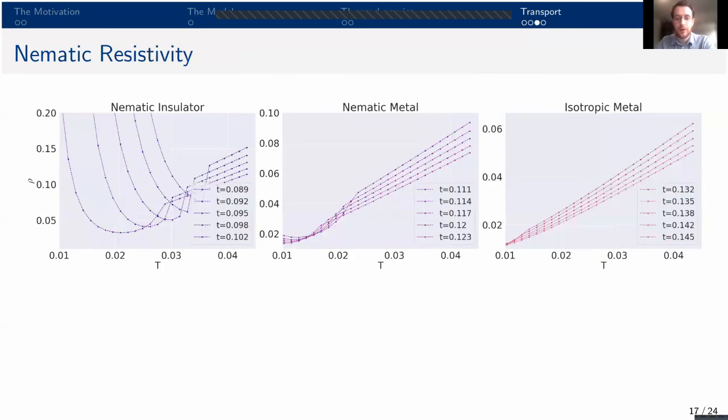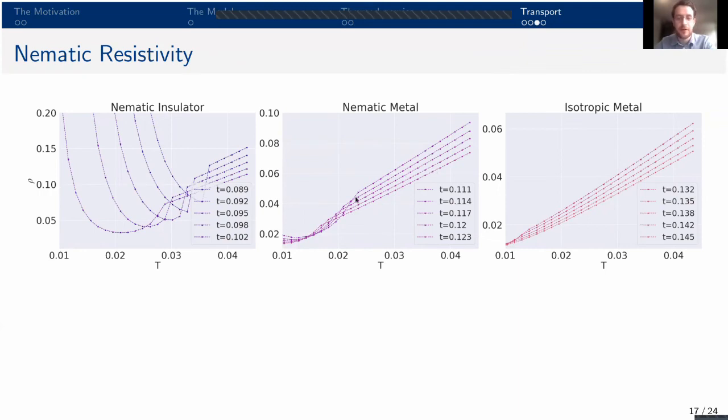And so I'm going to look at some cuts here in the resistivity. Some common themes here are that at high temperatures, you have a T linear scaling of the resistivity, which, as a lot of people have been pointing out, is a sign of these non-Fermi liquids and a lot of exotic properties that deal with this linear resistivity scaling.